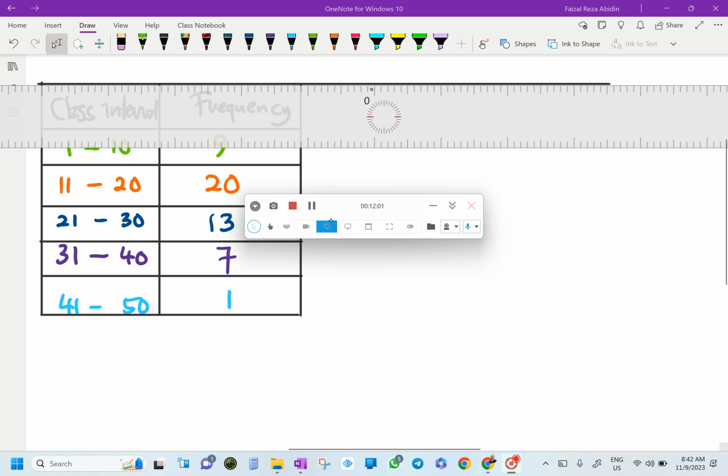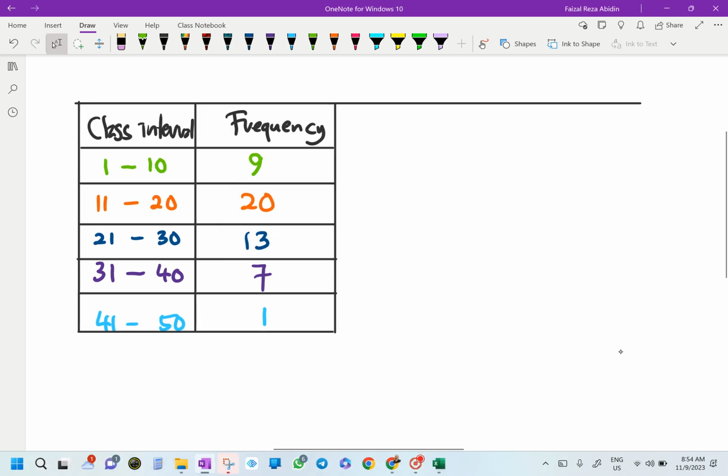Wait a moment. The table here we are going to extend.